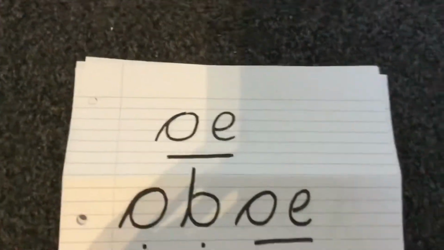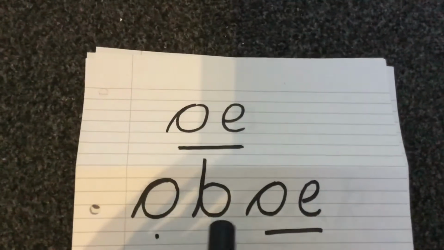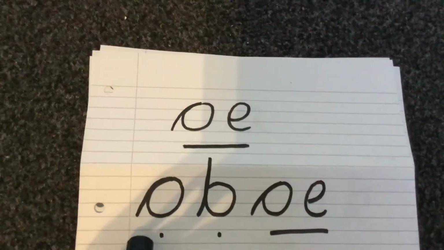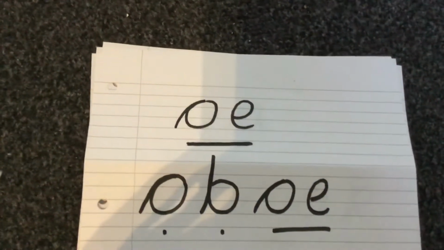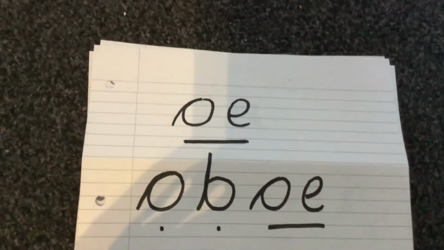So what I'm going to do is show you and read out a few words where we see this digraph, and you're going to repeat them for me. All right? Okay, so our first word, we have O, B, O to make oboe. Well done.